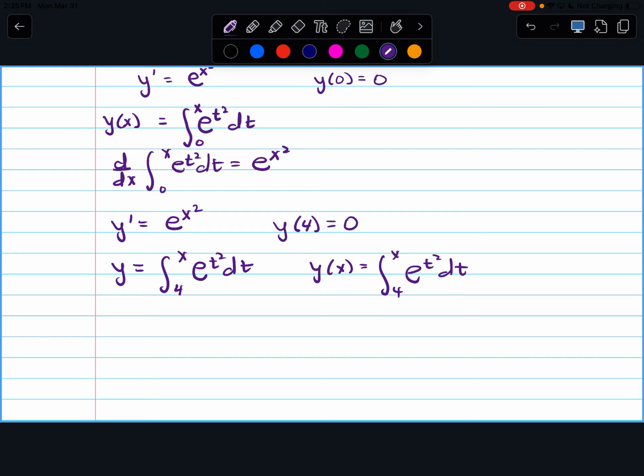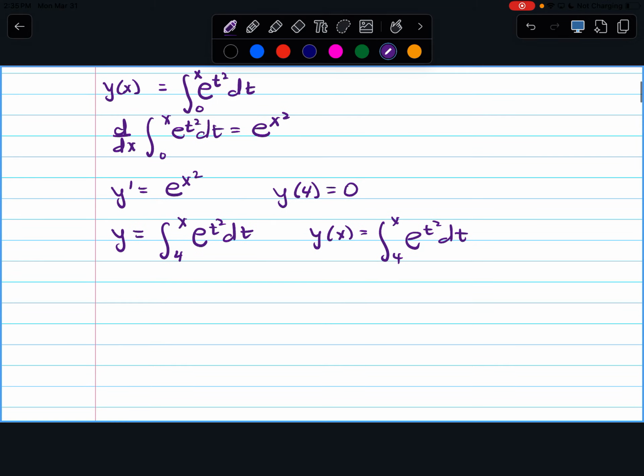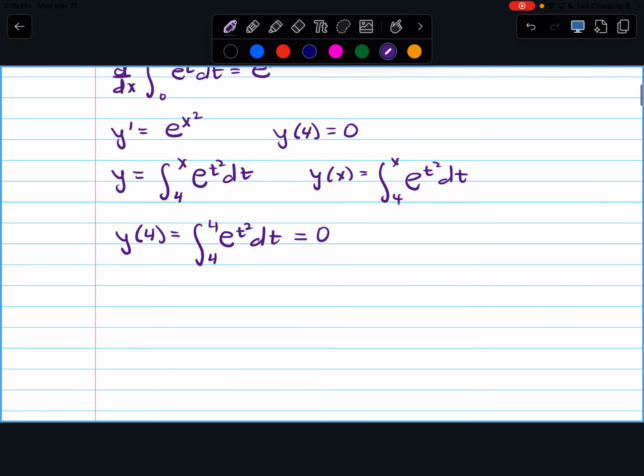What you want is that when I put in a 4, I get a 0 out. Let's see if that works. y of 4 equals the integral from 4 to 4. Look, that right there is 0. When you integrate from a number to itself, the integral is 0.